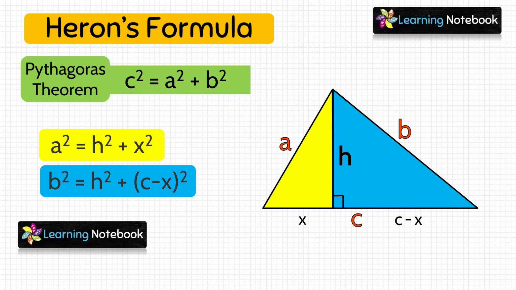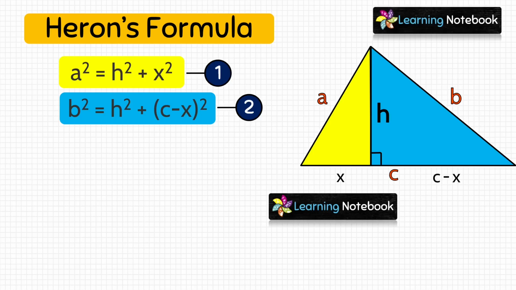So we get a square equals h square plus x square and b square equals h square plus c minus x whole square. Let's mark them as 1 and 2.